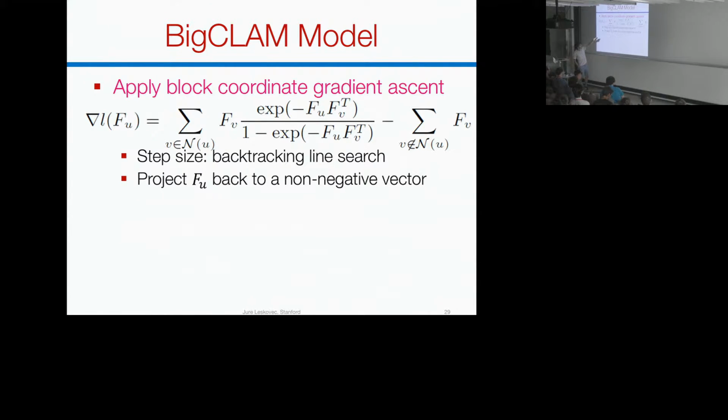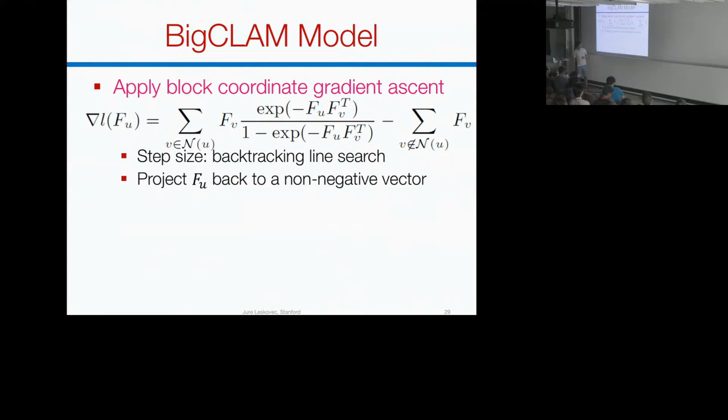I need to go over all the neighbors of U. Here is the community membership strength of V, and here are the dot products of U with every member V. And then I also have to go over all other nodes of the network who are not neighbors of U, and sum up their membership strengths.